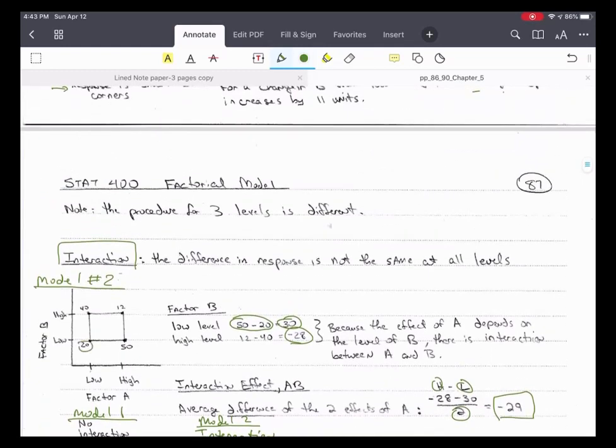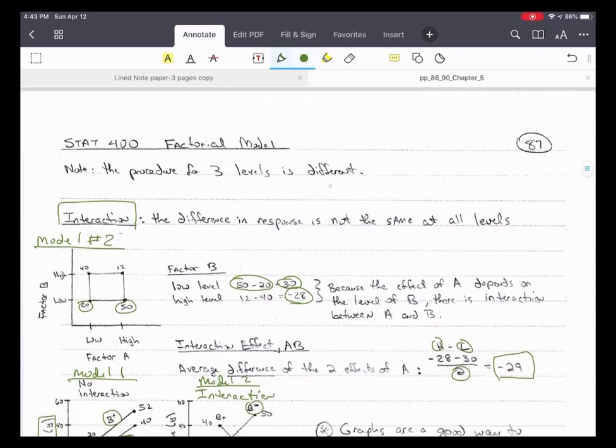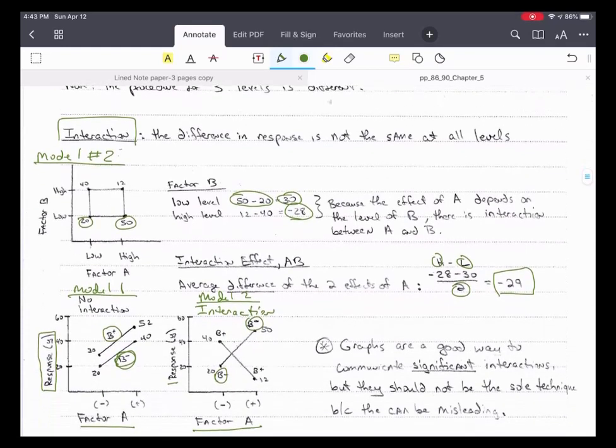And for B plus, we go from 40 to 12. And you see that the lines cross. If they cross or touch, there's definitely interaction, but they don't have to cross. They just have to have different slopes.